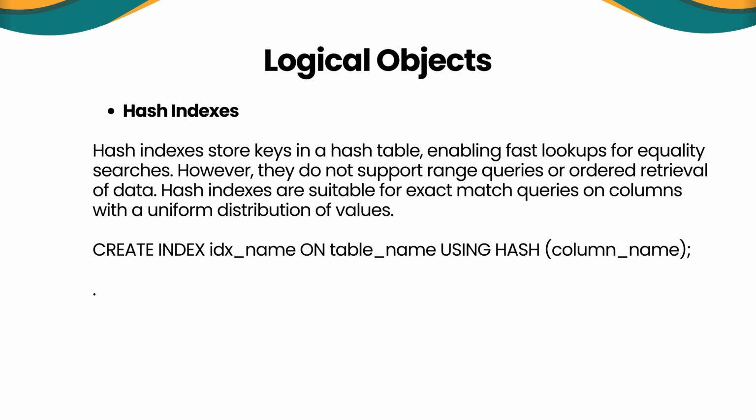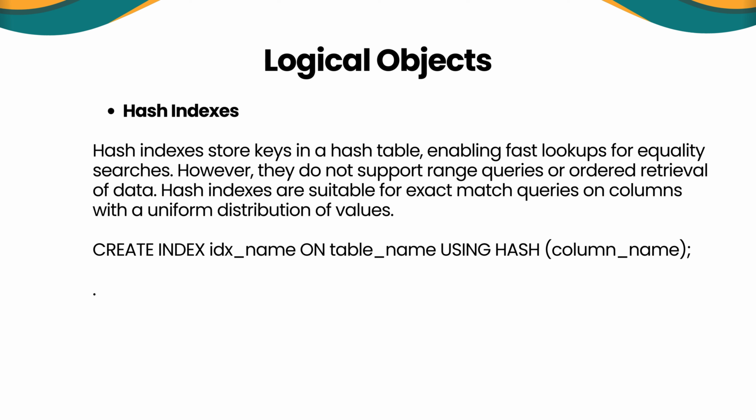Suppose we want to create a table which has the email addresses of our users, and we use equality comparison for searching the email addresses. So we can use a hash index on the email column of this table. A hash index can be beneficial in this scenario. Let's say we create a table: CREATE TABLE users, with username, email, and created_at.